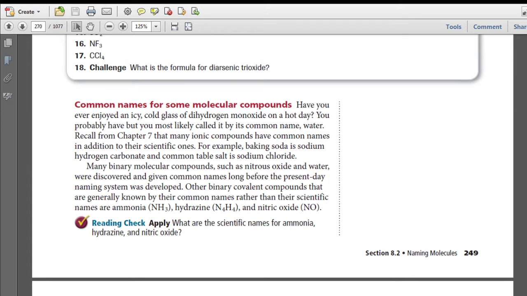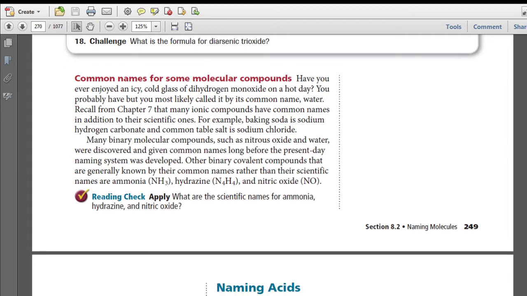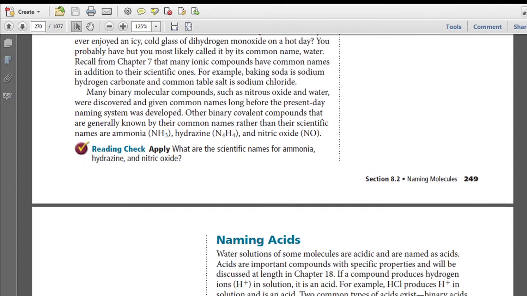Many molecular compounds, such as nitrous oxide and water, were discovered and given common names long before the present-day naming system was developed. Other binary covalent compounds that are generally known by their common names rather than their scientific names are ammonia, hydrazine, and nitric oxide.